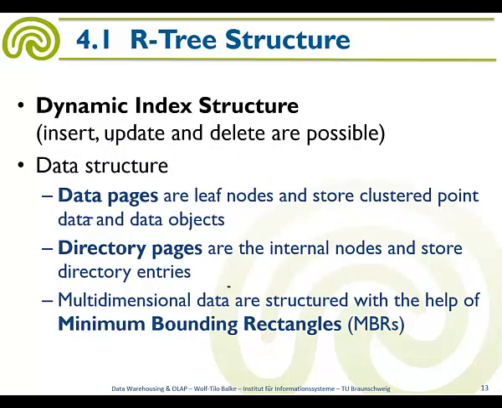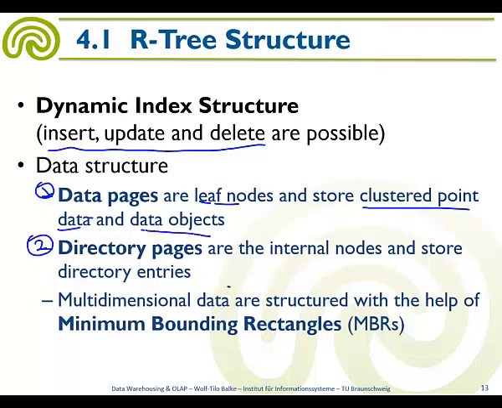Good. So R trees are basically trees that are dynamic, which means you can do the normal insert, update, and delete operations. You have two types of data structures. You have data pages, which are basically leaves. The leaf nodes store two things: clustered point data and data objects.